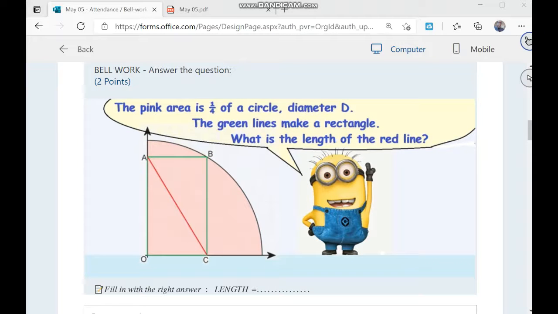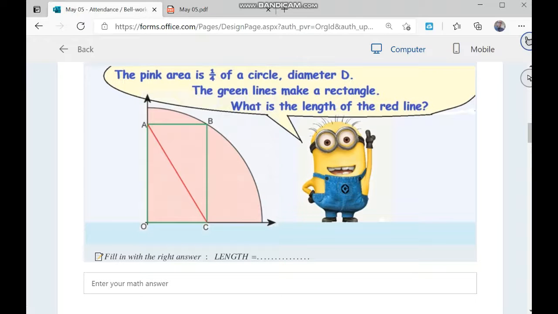Let's find out now the right answer for the bell work. And you don't need to do any calculations. Have a look. You just need to know a little bit about geometry and some properties. Let me draw here this line. What do you think about this line I just drew?